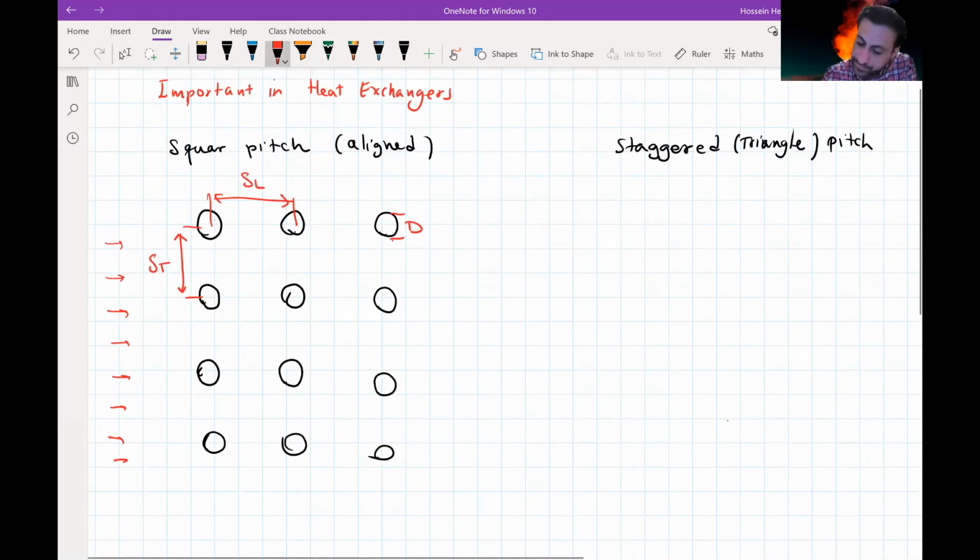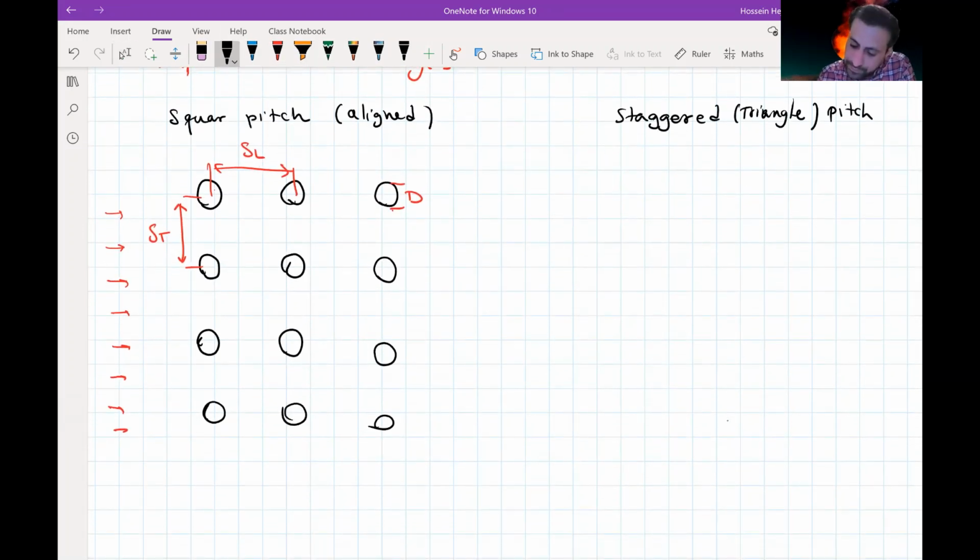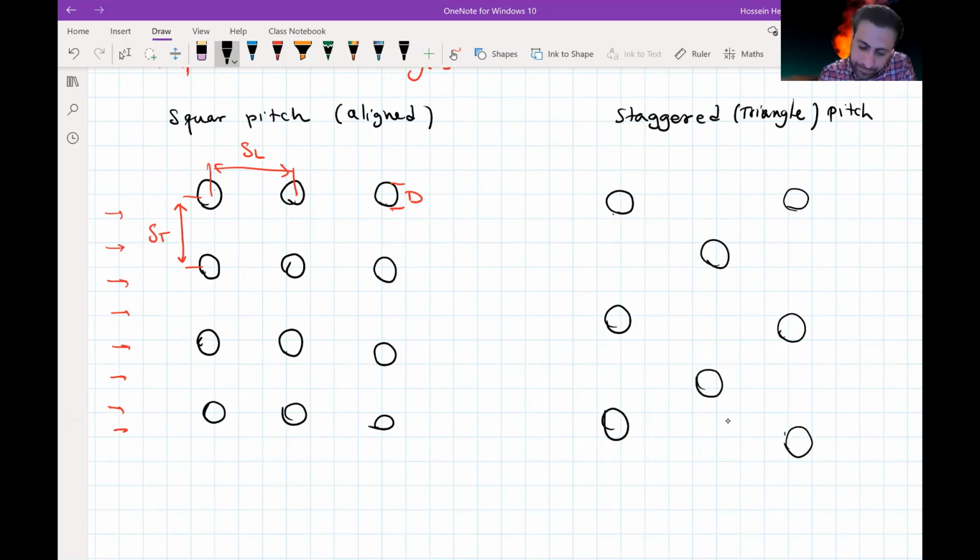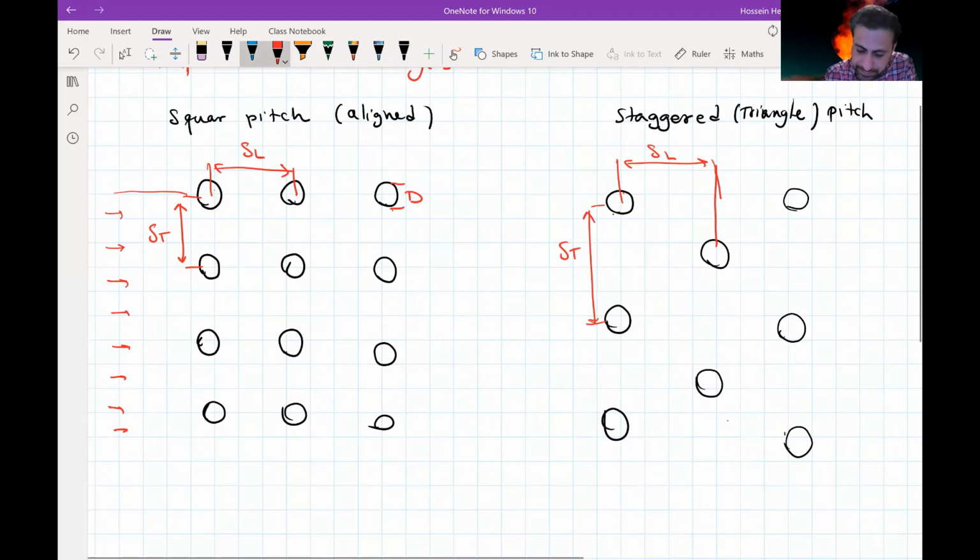And for the staggered one, let's say here, the same thing, the distance between these two, longitudinal and ST.